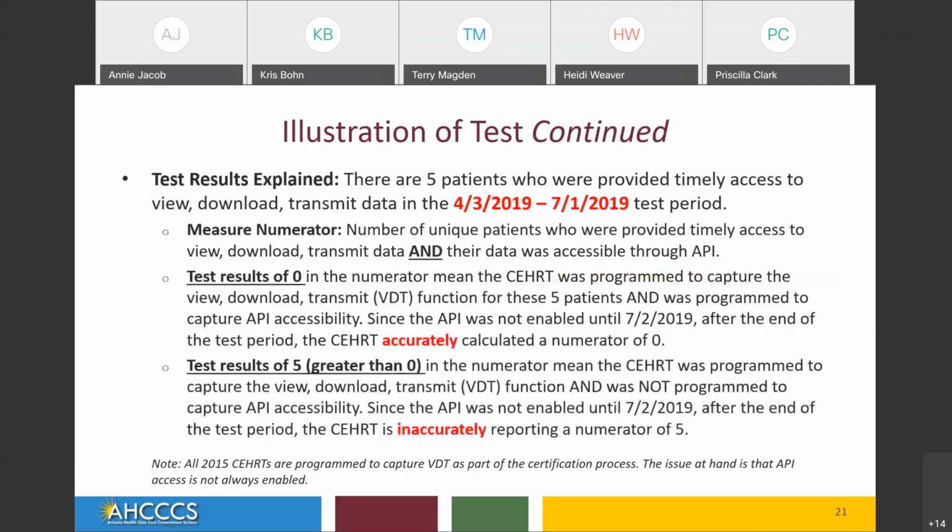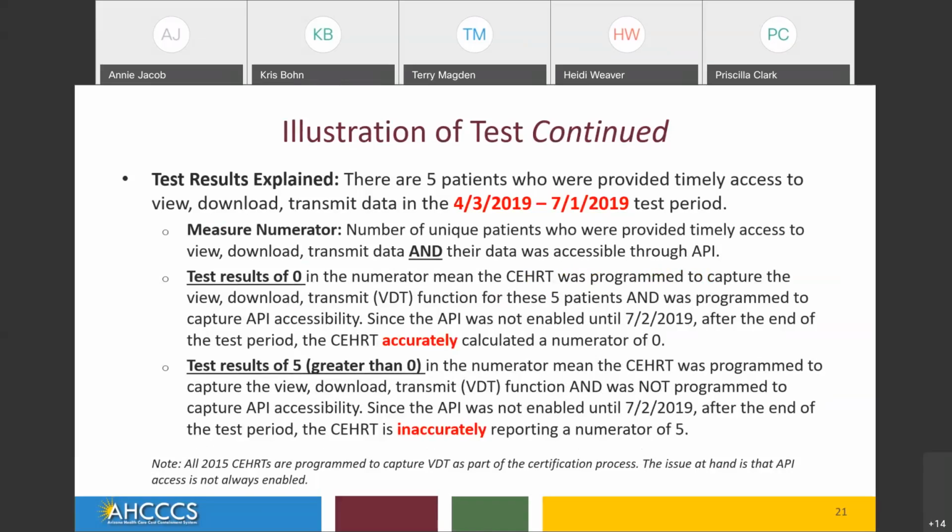So let's walk through the test results of that percentage-based report that was pulled for April 3rd through July 1st, 2019. So say the EP had 5 patients who were provided timely access to view, download, transmit data during that test period. The numerator should be the number of unique patients who were provided timely access to view, download, transmit data, and their data was accessible through API.